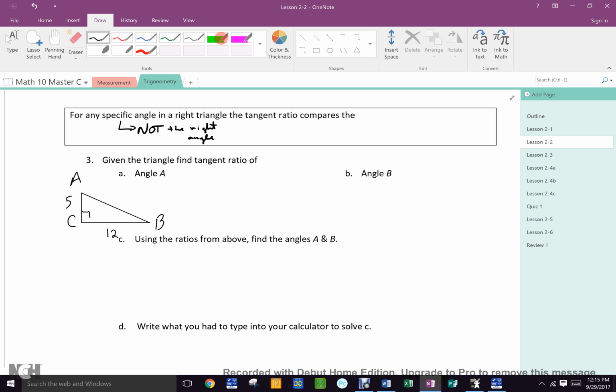The tangent ratio compares the, and I'm going to write words you don't know yet, the opposite over the adjacent. Now, I heard somebody whispering adjacent, so somebody in the room has done trig before. I know that Jack has because I personally taught him. Sooner or later, that'll write out. Adjacent.